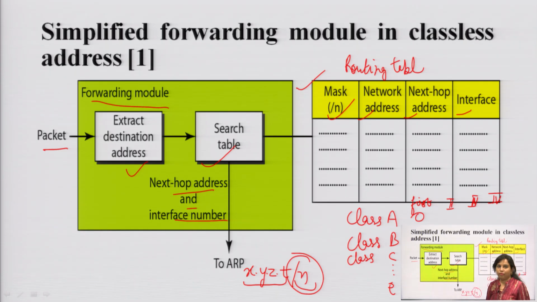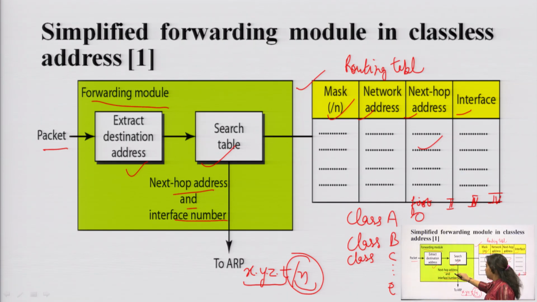If any kind of interface has been used between the two devices connected to a network, that is mentioned over here. Next hop address, let us say router 1, router 2, having their own addresses, is also mentioned in this next hop address, and this is the network address, like network 1 has its own address, network 2 has its own address. So, that is the case for the simplified forwarding module.